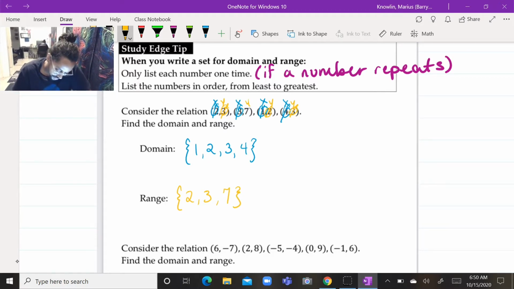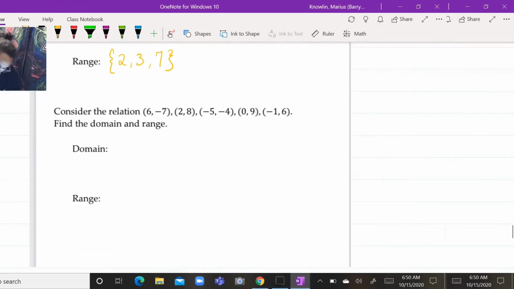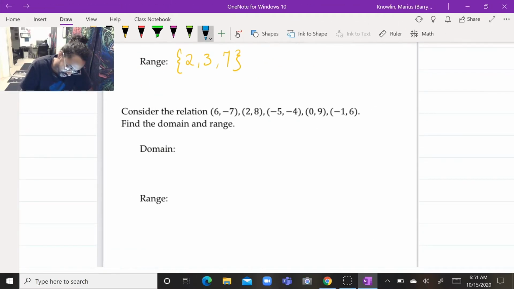Let's take a look at another one. Once again, doing the domain. The domain is all of the x values, or x coordinates. So x, x, x, x, and x. And we want the one furthest to the left, the least value. We got +6, +2, -5, 0, and -1.